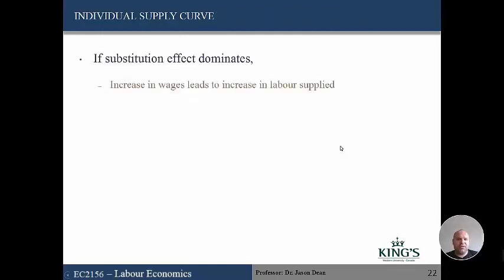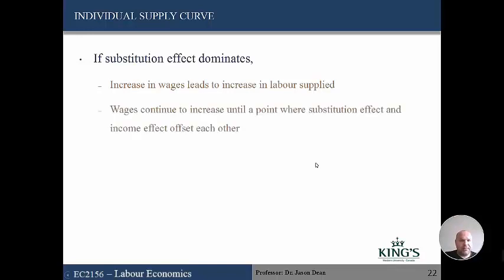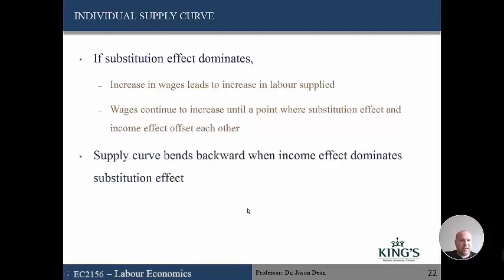So if the substitution effect dominates, an increase in wage would lead to an increase in labor supply. Wages continue to increase until a point where the substitution effect and income effect offset each other, and then the supply curve bends backwards when the income effect dominates the substitution effect.